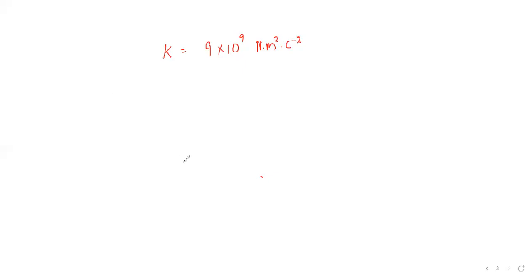One kilometer, it says. Two equal charges. So charge 1 is equal to charge 2, and that is equal to 1 coulomb. The distance between them is 1 kilometer. And the force between the charges is unknown.